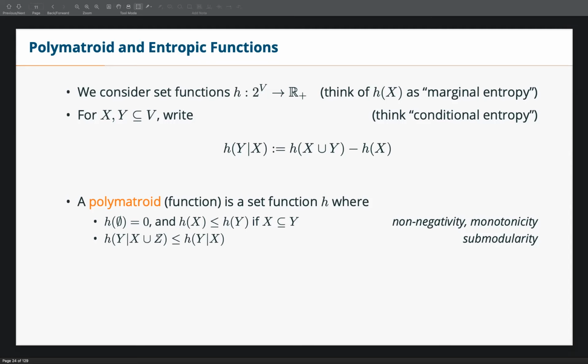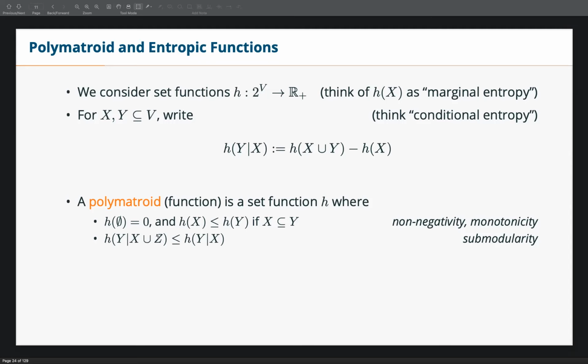Do people remember the Shannon inequalities from last time? These are Shannon inequalities. And what we kept unsaid last time was that every entropic vector satisfies the Shannon inequalities. But what about the converse? Is it the case that any vector that satisfies the Shannon inequalities is an entropic vector? Very hard to answer. It was a major breakthrough in the late 90s when Yeung and Zhang discovered that no, it's not the case.